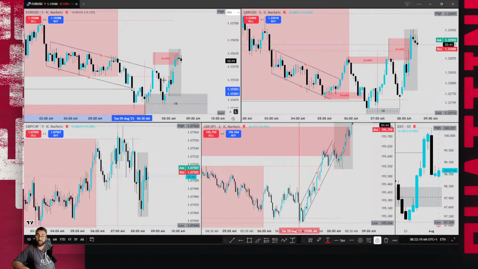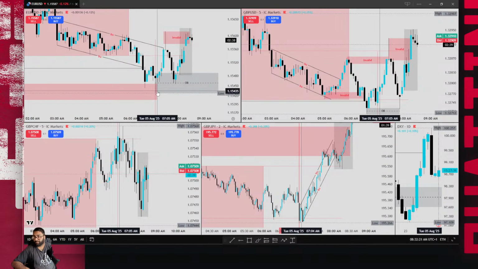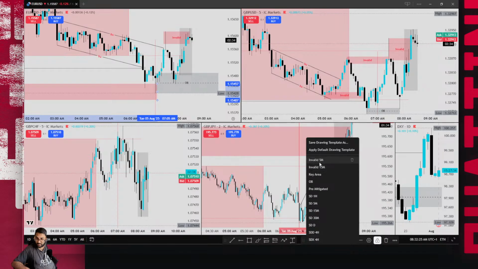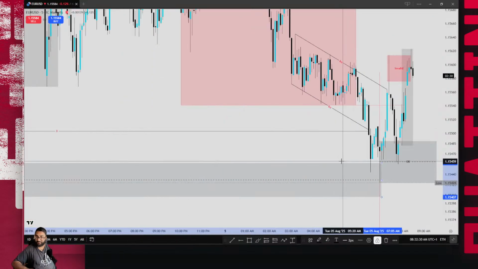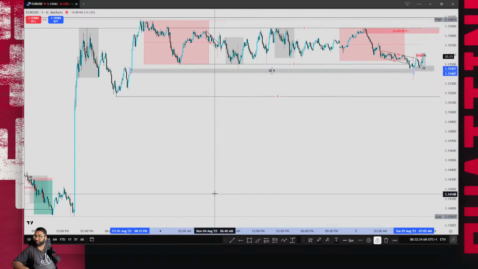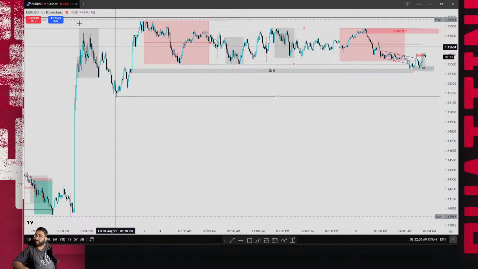It was a good trade, yeah, but you know what it is? If I go back onto EU, this demand zone, it broke that structure, but we didn't make a higher low to make a higher high.